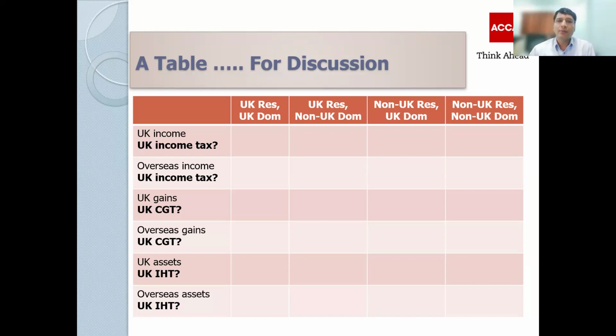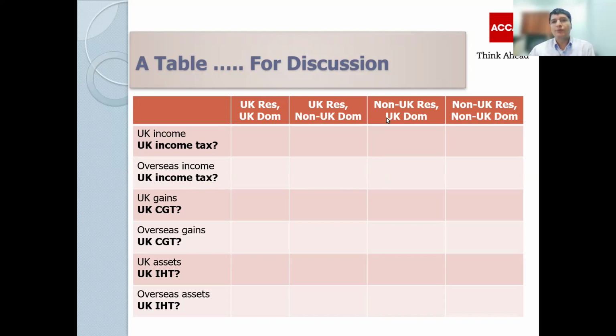The second thing, more importantly, you do not lose the income tax personal allowances and the capital gains tax annual exemption if someone is non-UK domicile. And the remittance basis charge will only be applicable if someone has been residing in the UK for at least the previous 7 tax years, which I'm sure you have already studied and understood.